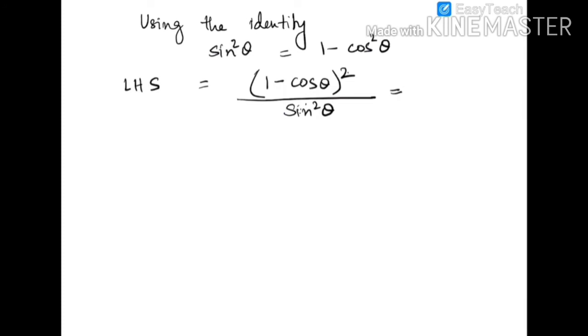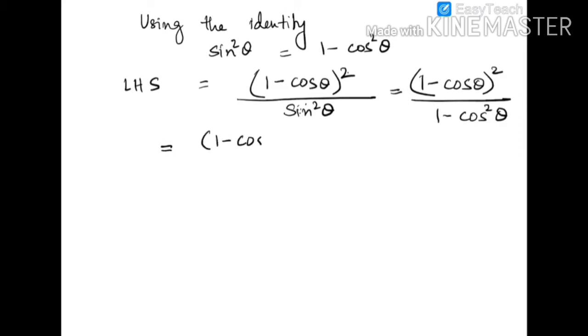So using the identity, sine square theta is equal to 1 minus cos square theta. This was the last expression that we got. So substituting sine square theta with 1 minus cos square theta here, we get 1 minus cos theta whole square divided by 1 minus cos square theta. The numerator can be written as 1 minus cos theta into 1 minus cos theta.